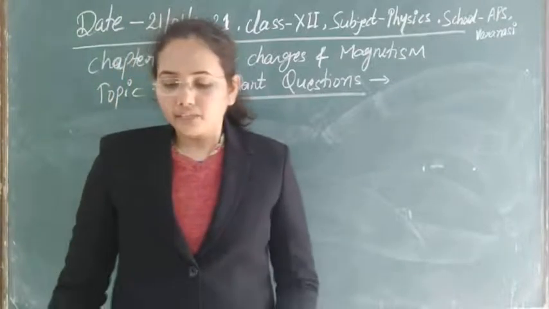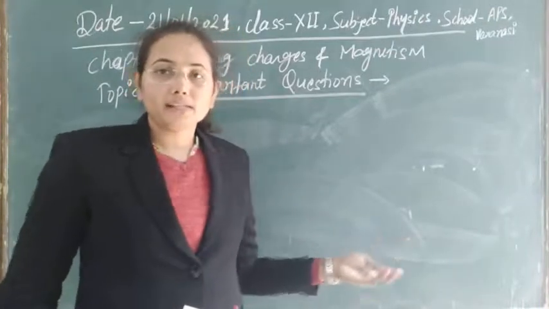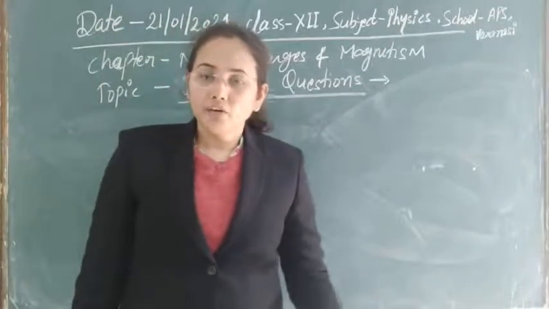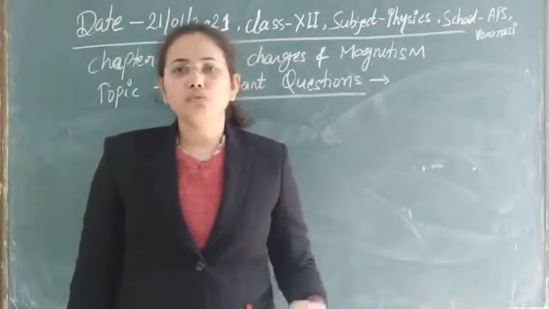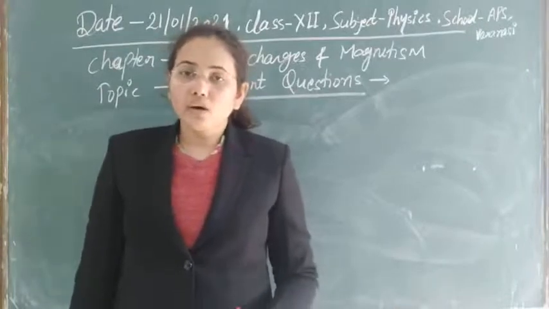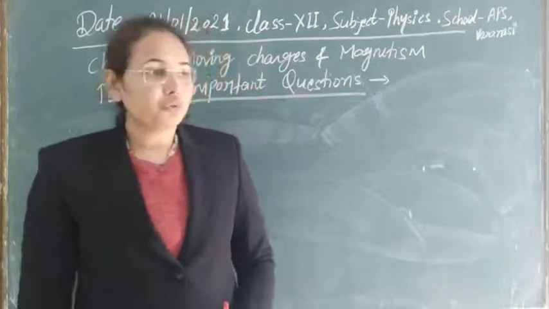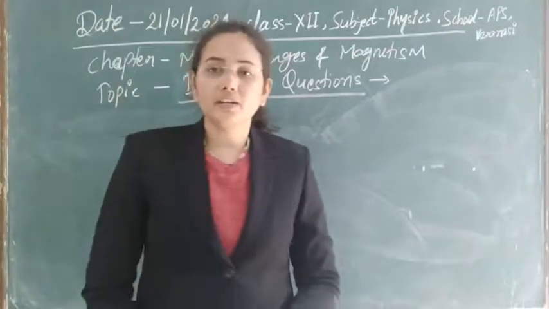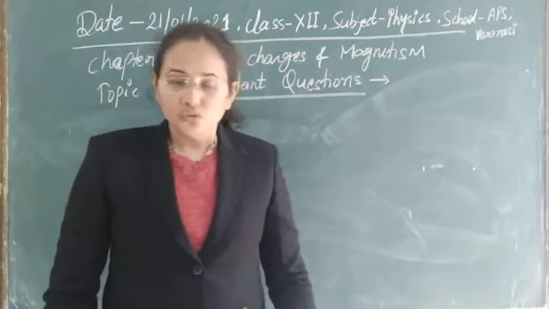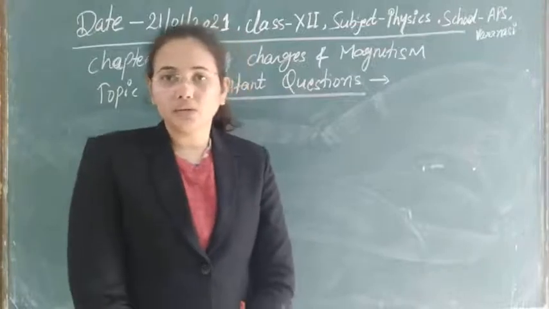We have the next question, which is related to this: whenever any current carrying conductor is moving through any magnetic field, then that magnetic field tries to oppose the movement of that charge carrying conductor. As you know, due to the flow of current in a moving current carrying conductor, a magnetic field will be produced and that will try to oppose the original magnetic field.